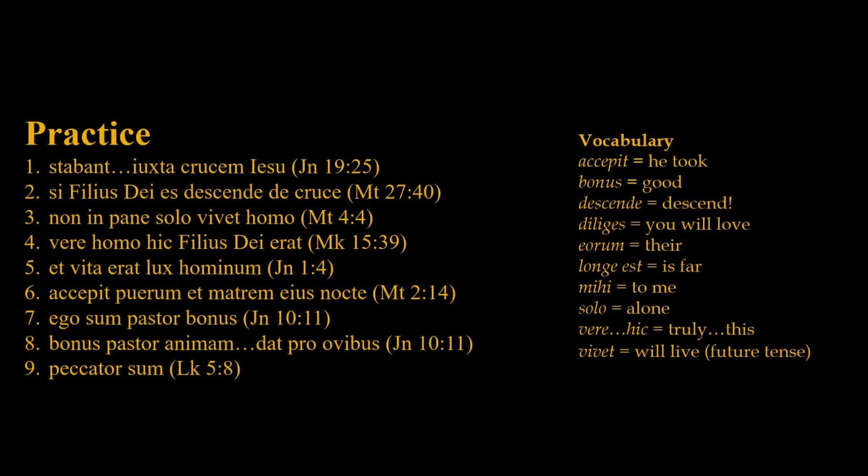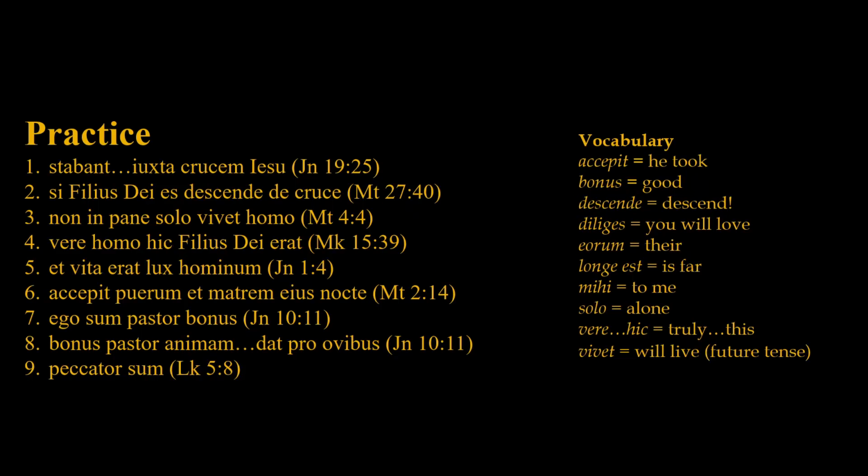In truth, truthfully, homo hic, this man, filius Dei, Son of God, erat, was. Truly, person, here, Son of God, was. Okay, so we're going to have to fix that up a little bit to make it into good English. Truly, this was the Son of God. Number 5: Et vita erat lux hominum.